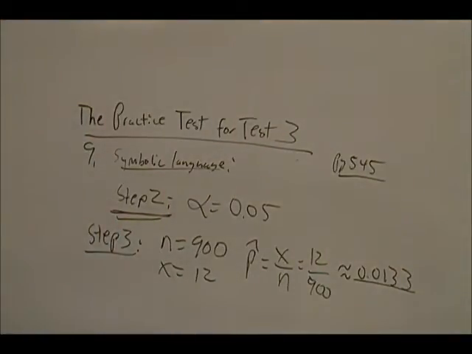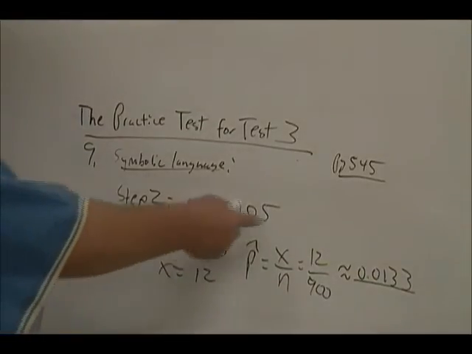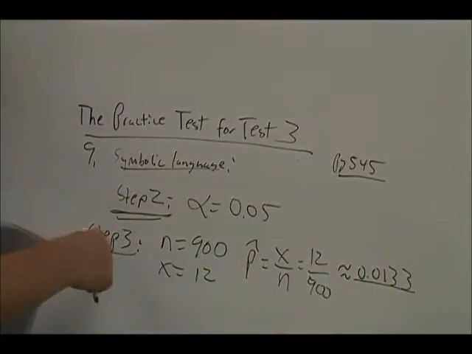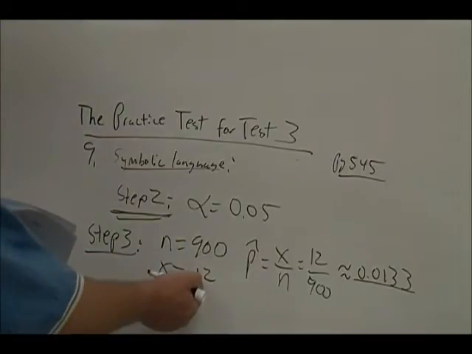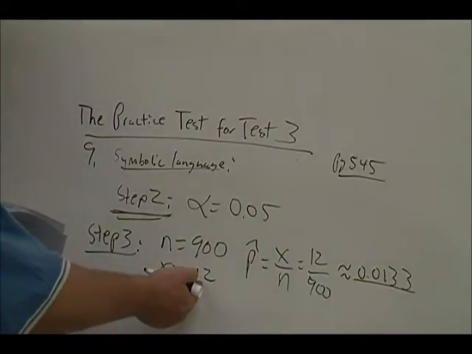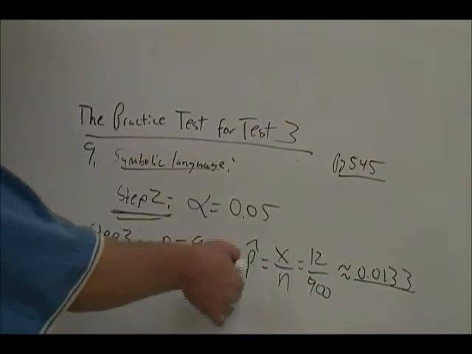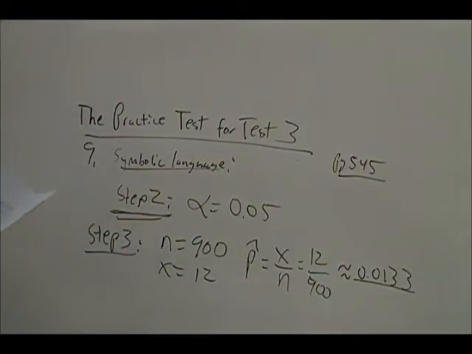So, using the given sample information, and of course from step 2 we have the significance level, but for step 3 we need the sample size, we need the number of members of the sample that are in the relevant category so that we can calculate p hat, and then from that, and using the sample size, we plug into the formula in step 3 that's given for the test statistic.